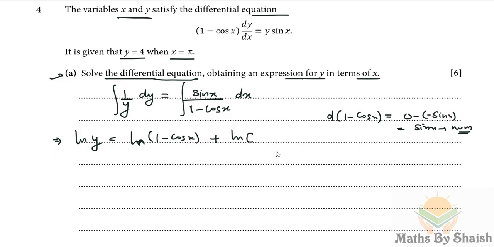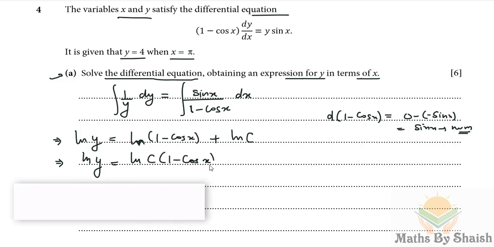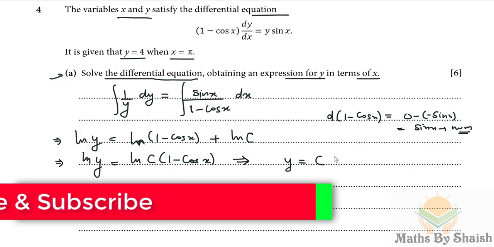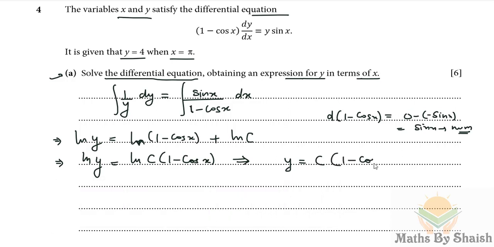We can also take c, but that's fine because everywhere we are getting ln, so we should take ln, and we'll use the log property. So it is ln y equals ln c times (1 minus cos x). So this is going to be y equals c into (1 minus cos x).